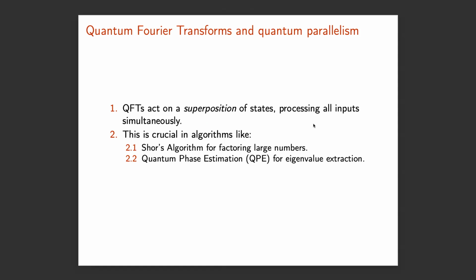That means that we are processing all inputs simultaneously. And this is crucial in algorithms like Shor's and the quantum phase estimation, if you want to evaluate eigenvalues. So that's one of the paths for the second project: you implement a quantum Fourier transform, then do the quantum phase estimation and compare with the VQE.